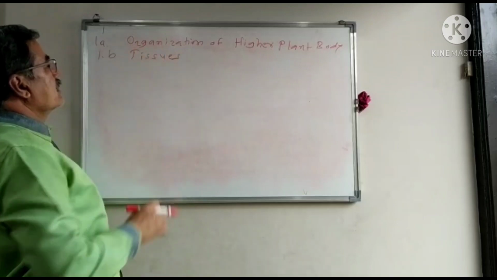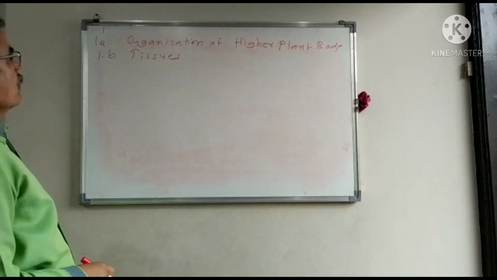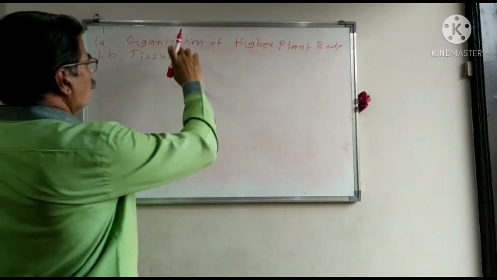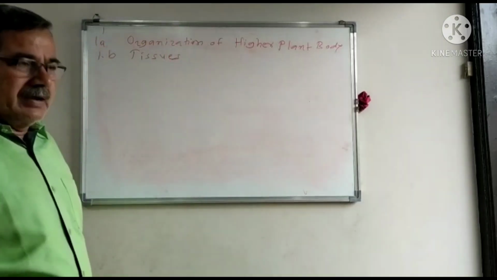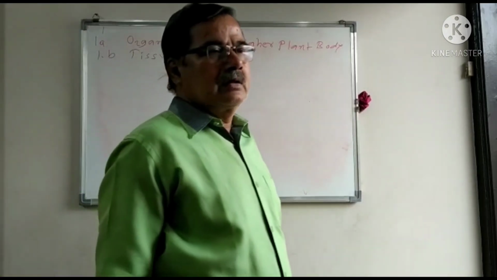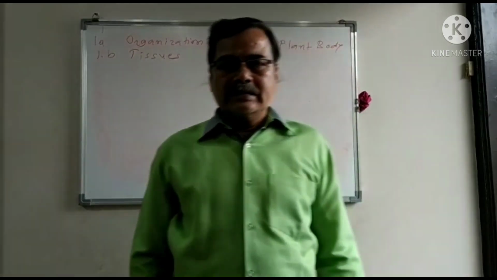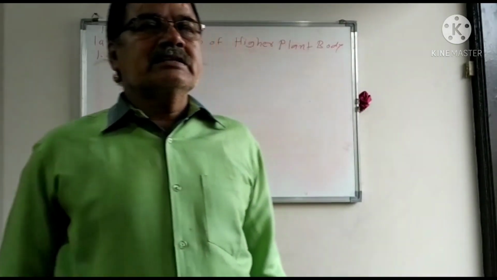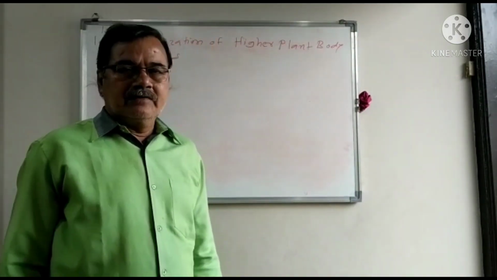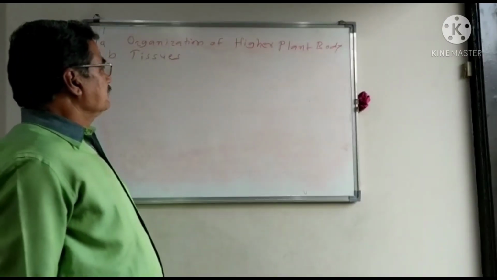In this second unit, tissues, the structural, fundamental and biochemical unit of an organ is known as a cell. A group of cells performing different functions is known as tissue.